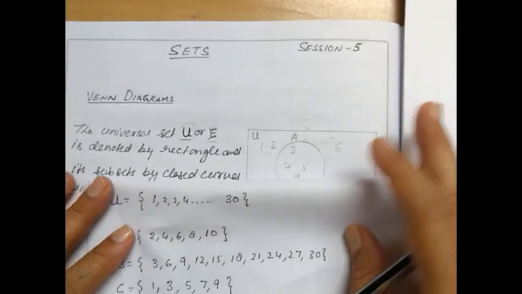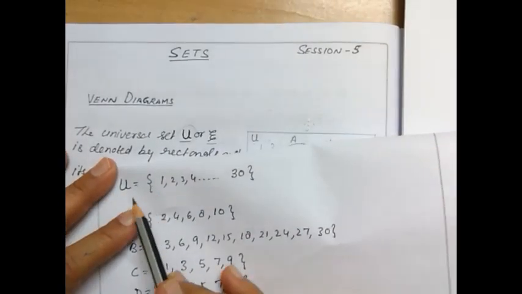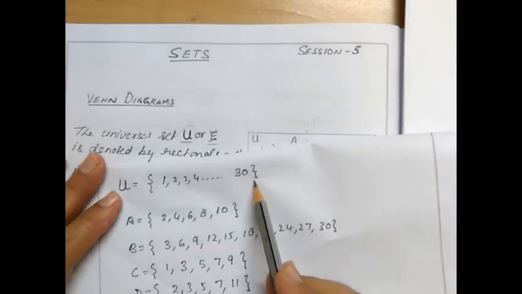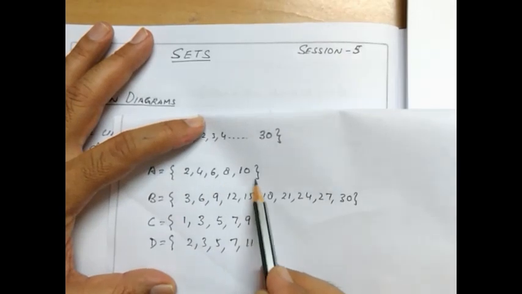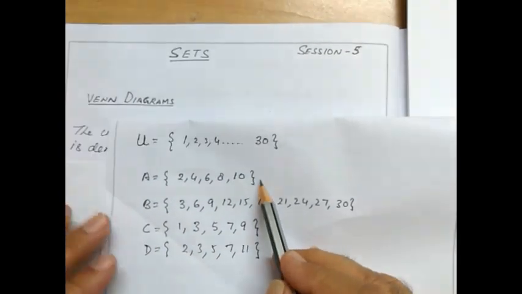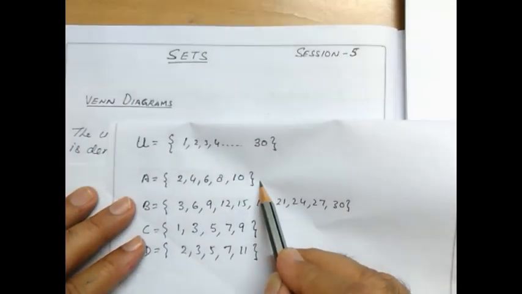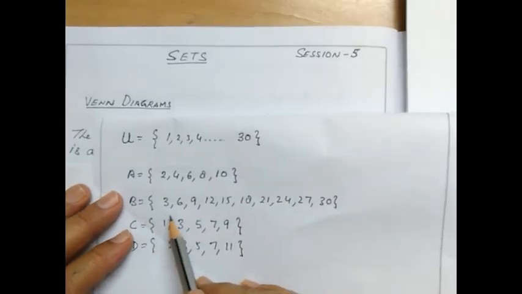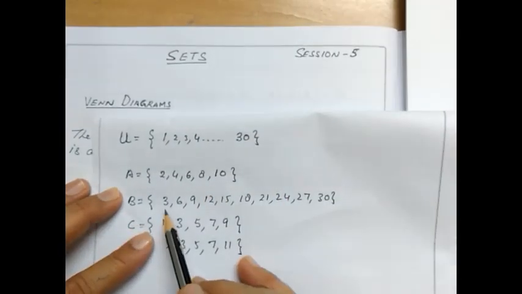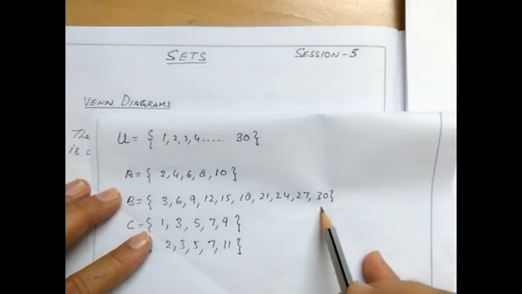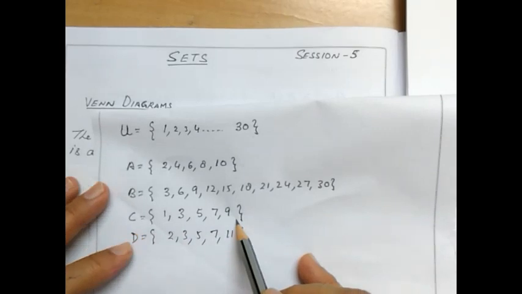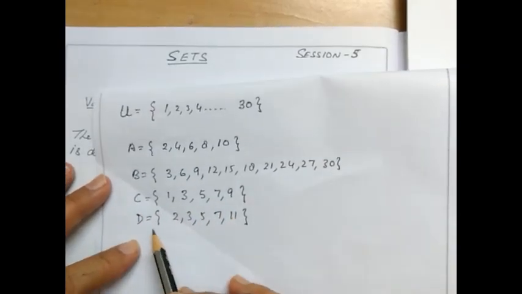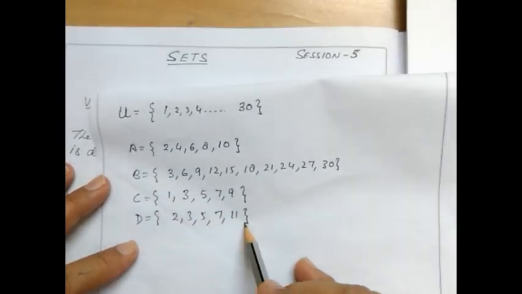If I take the set of numbers from 1 to 30, and we take a set A as 2, 4, 6, 8, 10, so we consider the even numbers less than or equal to 10, and here set B is the set of numbers that are multiples of 3, and C is a set of odd numbers less than 10, and D a set of prime numbers less than 12.